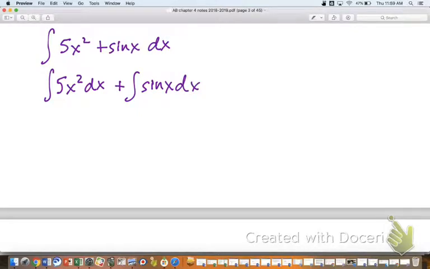Okay, so Dan's like, hey, I'm comfortable with that. Are you guys comfortable with that too? If you've got a sum or a difference, you can split it up into separate integrals, right? Okay. And then Dan also said, hey, I'm comfortable with this and comfortable with this, but I am not comfortable with that, right?